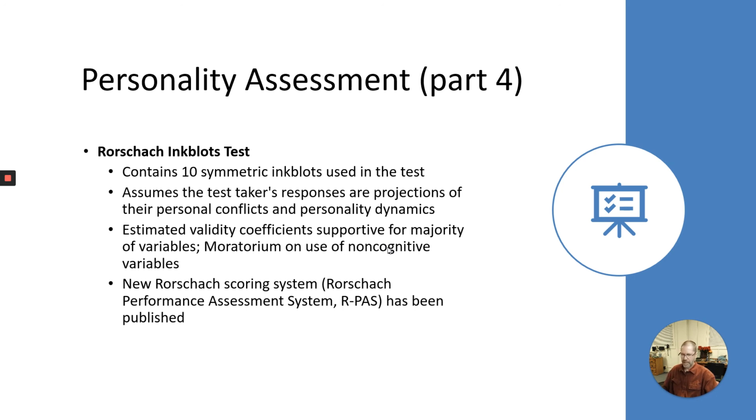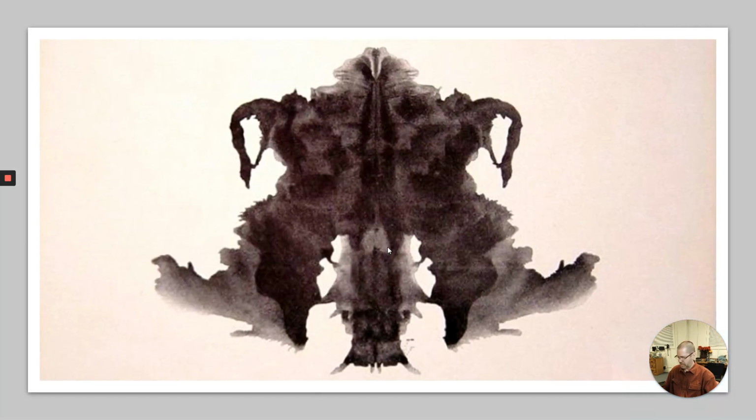So look at this, for example, and what do you see? Is there a correct answer to that? No, because you're going to indicate, oh, this is what I see. And that somehow is revealing of an unconscious aspect of your personality.